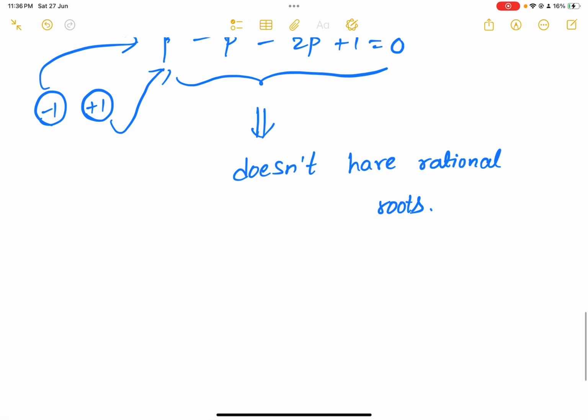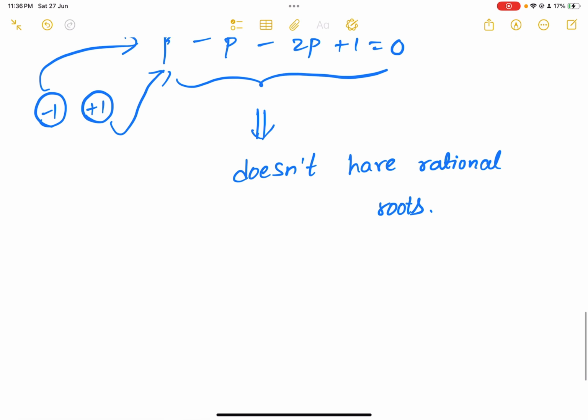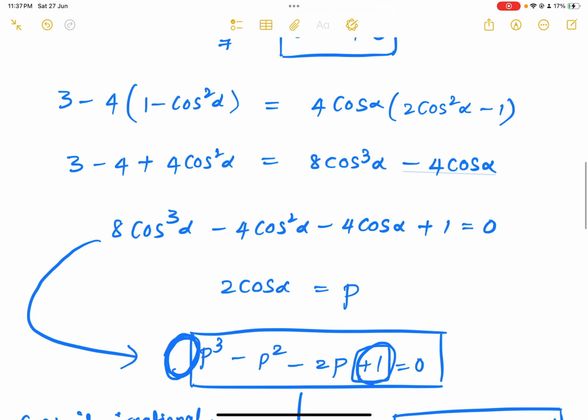Alright, so therefore all the roots are irrational. So what is the root of this? What is p? p is equal to 2 cos alpha. This is what we have assumed. When deriving this equation, this is the substitution we made.